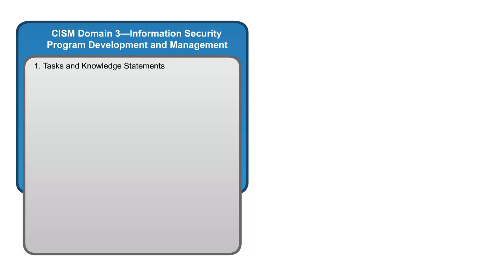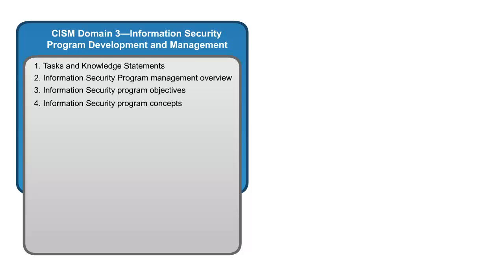This slide talks about the topics under Domains 3 and 4. Domain 3 is Information Security Program Development and Management, and the chapters under this domain are 1. Tasks and Knowledge Statements, 2. Information Security Program Management Overview, 3. Information Security Program Objectives, 4. Information Security Program Concepts, 5.